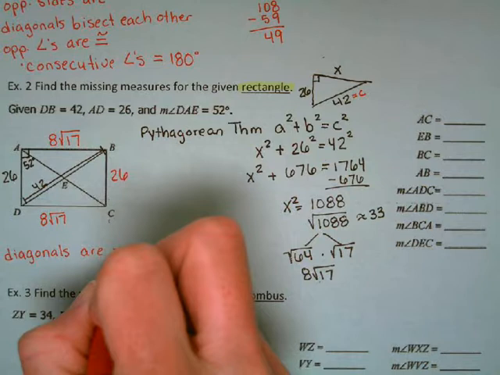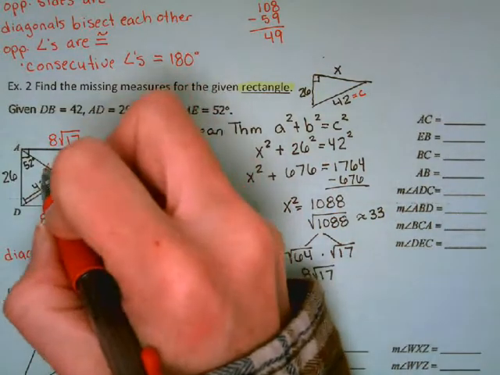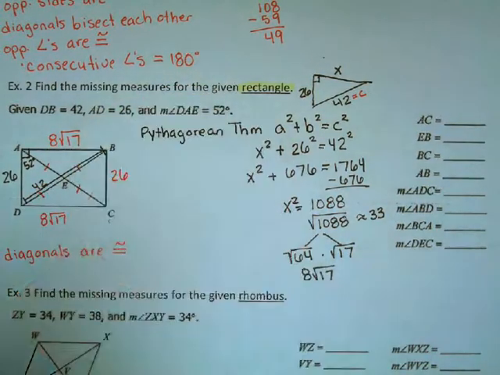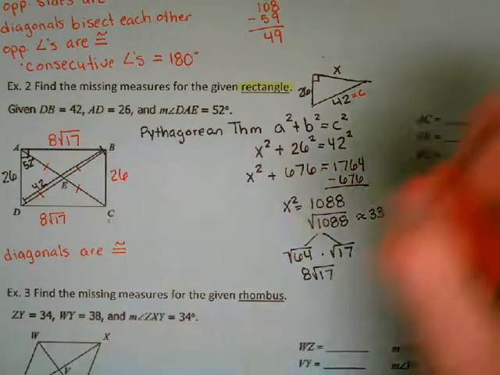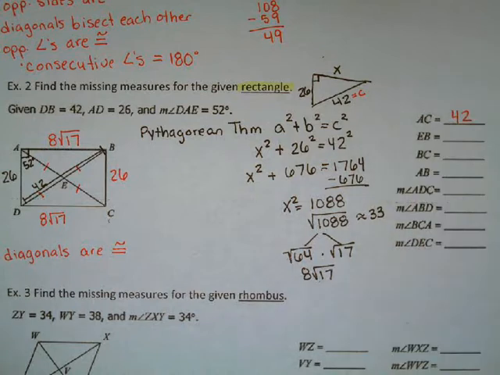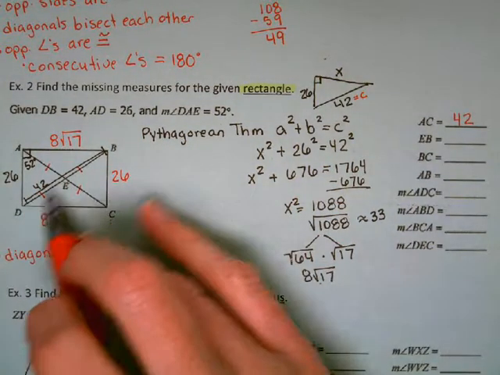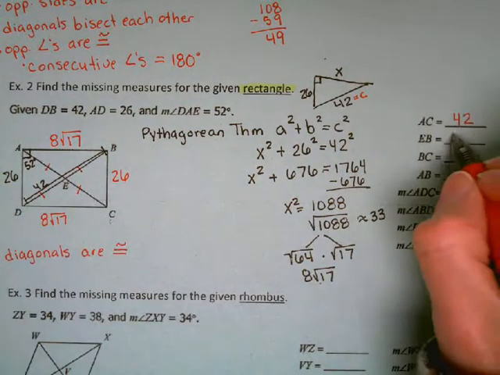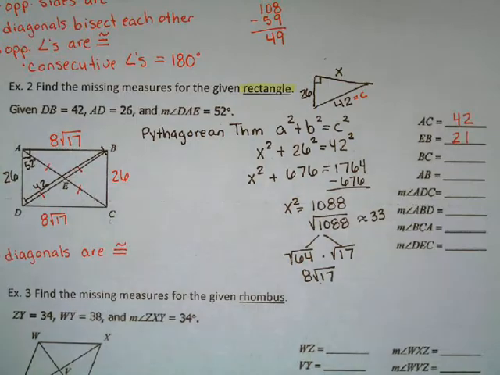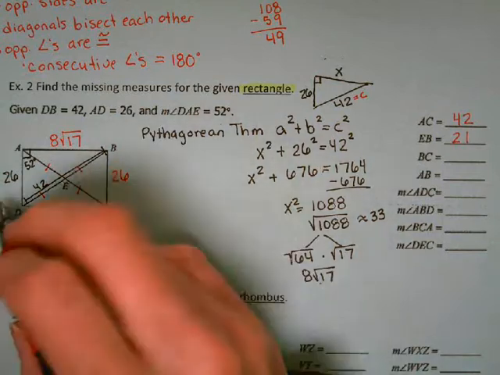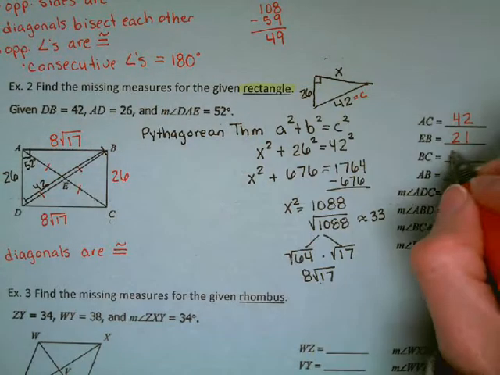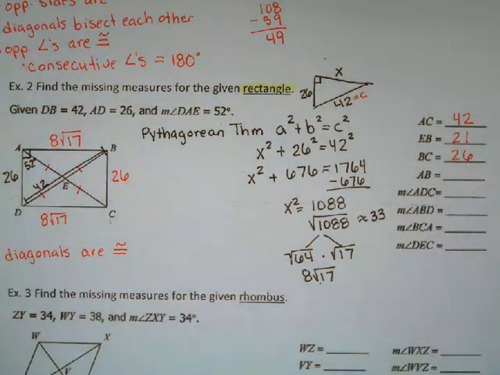So if you remember, that makes all four parts of that congruent. So AC is the same length as DB. That's 42. EB would be, it's bisected, so half of 42 would be 21. BC, we know it's the opposite side, so that's 26. AB is going to be 8 square root of 17.